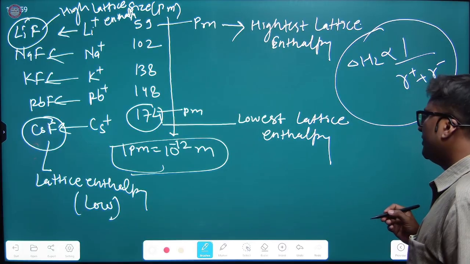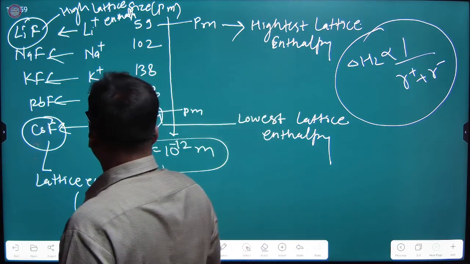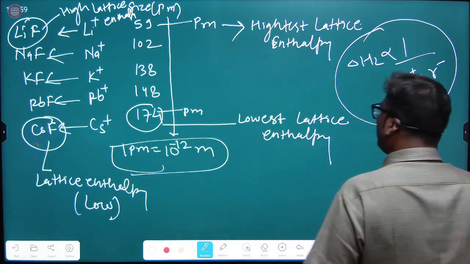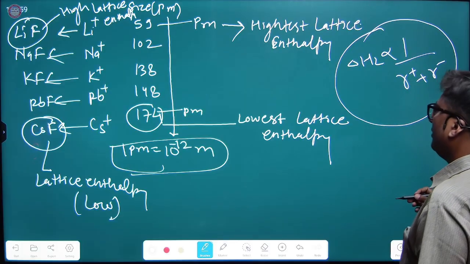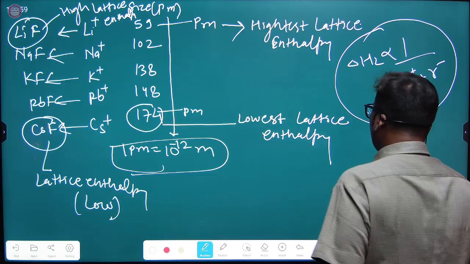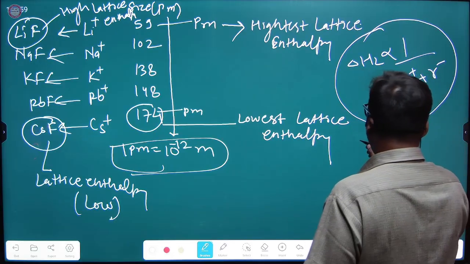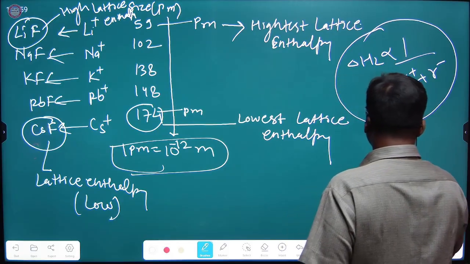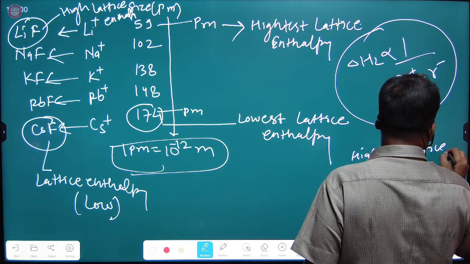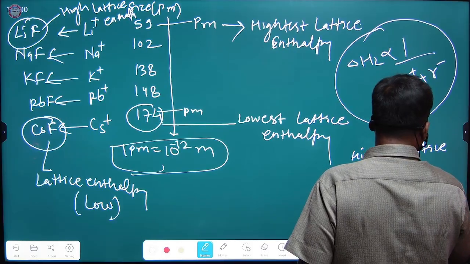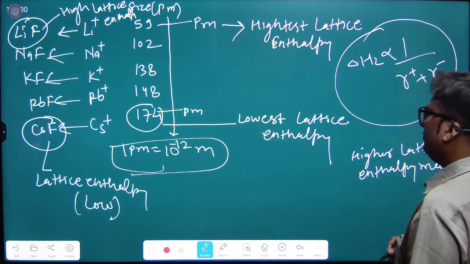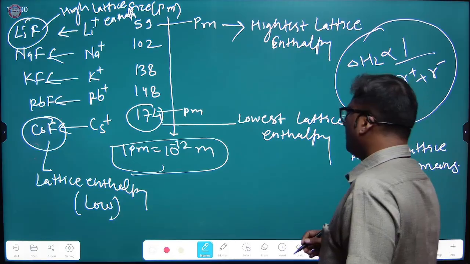And what is lattice enthalpy? High lattice enthalpy means there is a high electrostatic interaction, more electrostatic interaction between cation and anion, and the reverse.